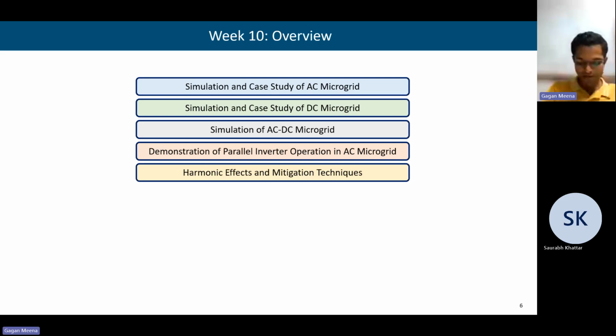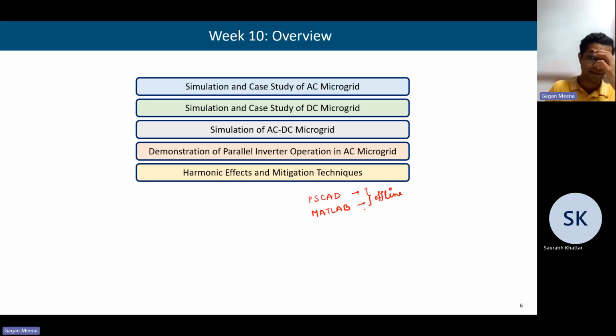There are different types of simulators available. MATLAB is also a kind of simulation platform. We have PSCAD. Different softwares are there. These are offline softwares. These are not online.